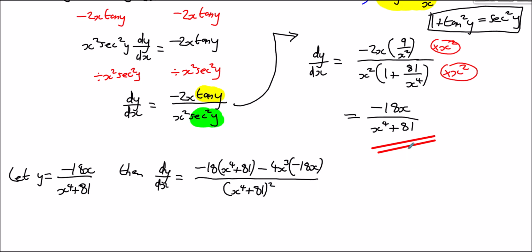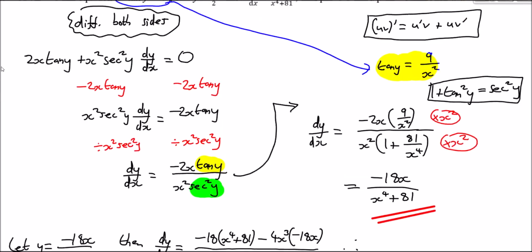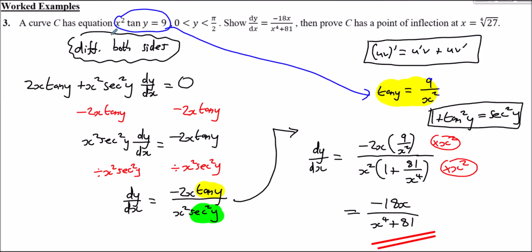So this is the second derivative because we differentiated that again. So in other words, what I've done here for the curve is the second derivative, d squared y over dx squared.